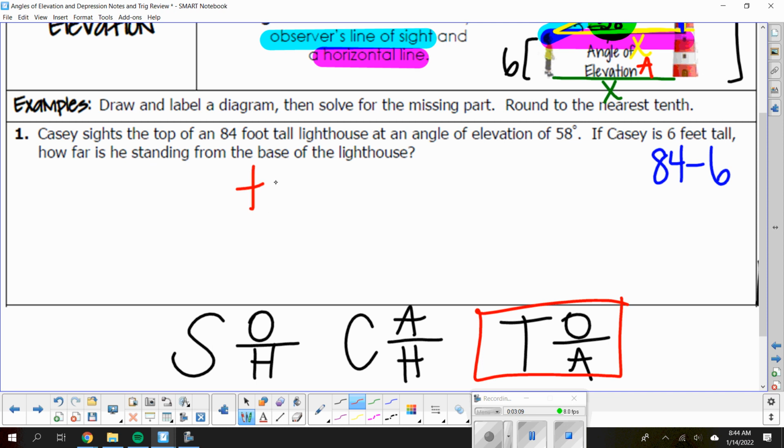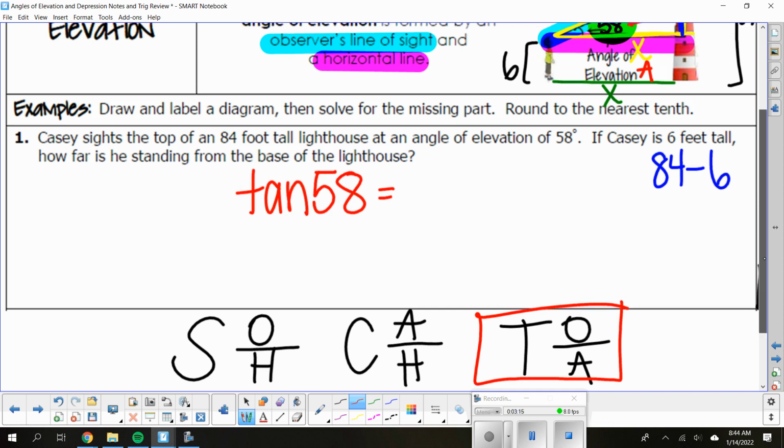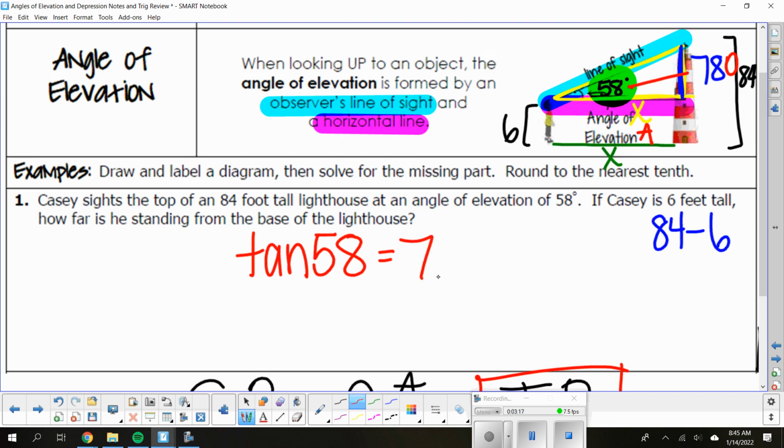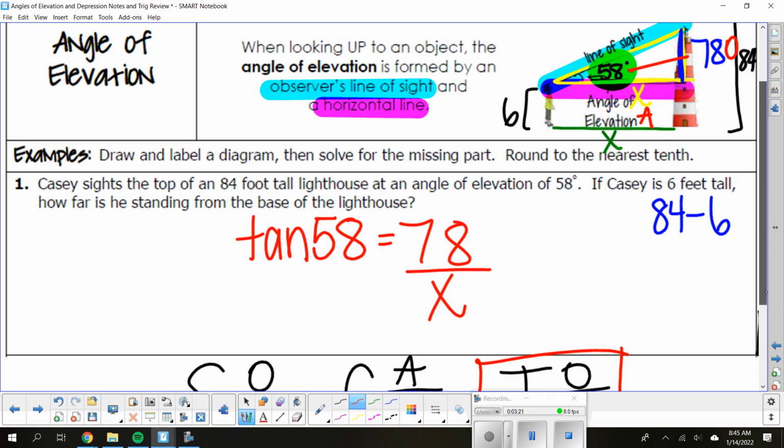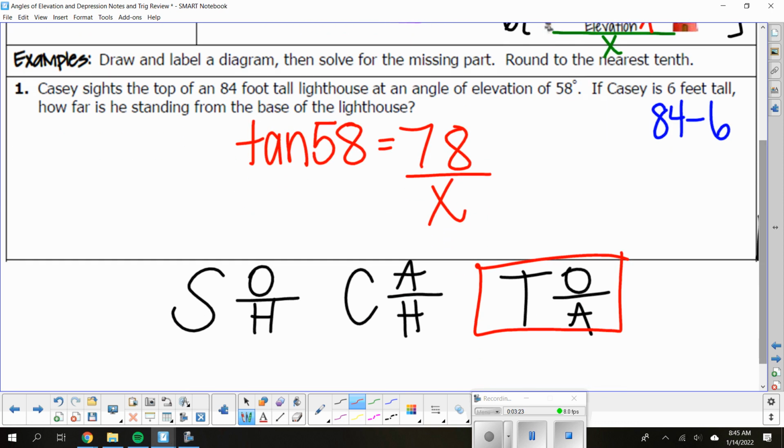Tangent of your angle. Your angle is always with your trig work. Tangent of angle is equal to opposite, which is going to be 78, over adjacent, which is going to just be my x. So remember, when x is on the bottom, this is a two-step problem. Put it over 1 and cross multiply, so 78, and then I get x tangent of 58.